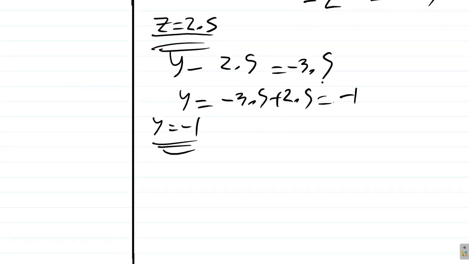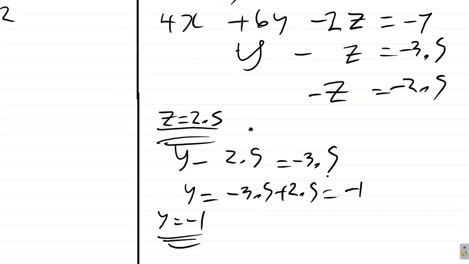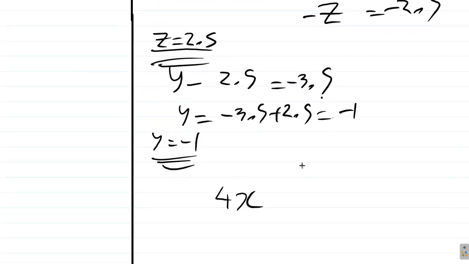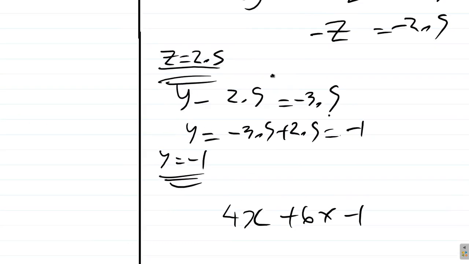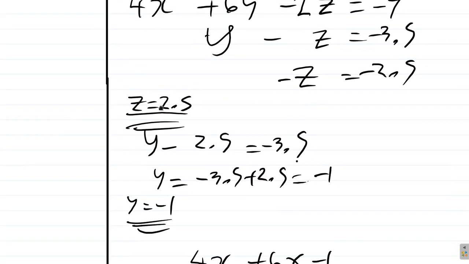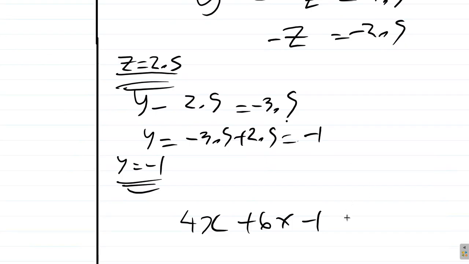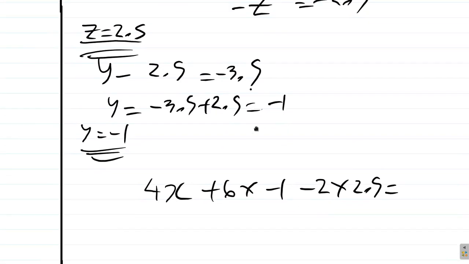So we have 4x plus 6 times y, which is 6 times negative 1, minus 2z, so minus 2 times 2.5, equals negative 7.